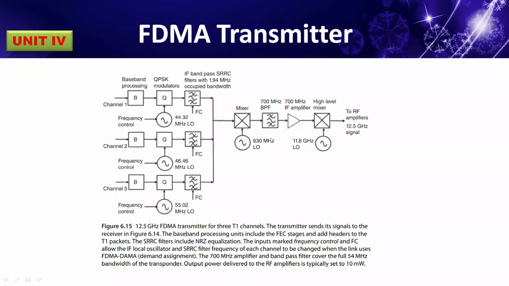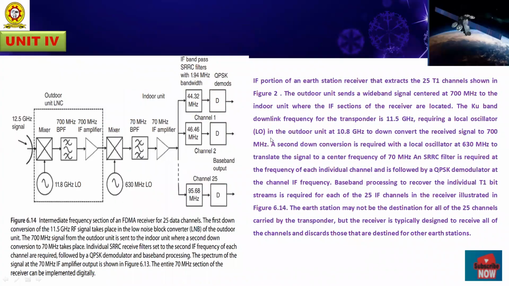By implementing FDMA frequency division multiplexing, 25 users can share the 70 megahertz IF amplifier. So the speciality of FDMA can be explained by this transmitter and receiver explanation. This is a most popular question for the end examination: how is FDMA popularized, or what are its specialities? You can explain with kit and block diagrams.